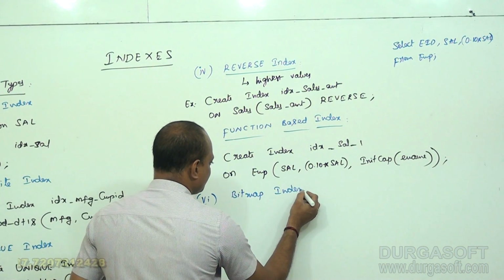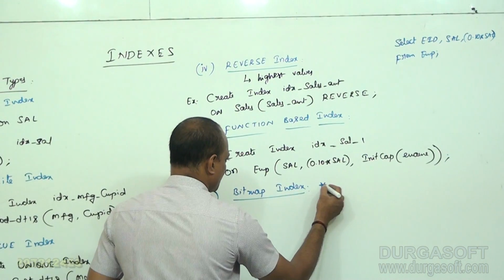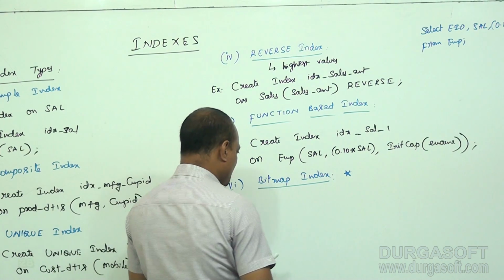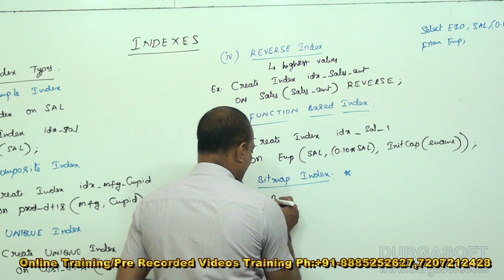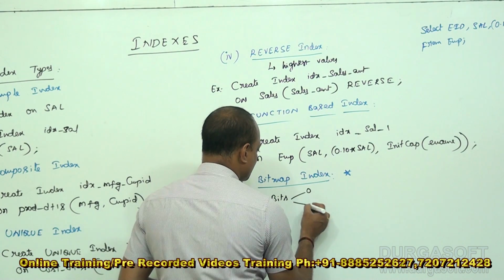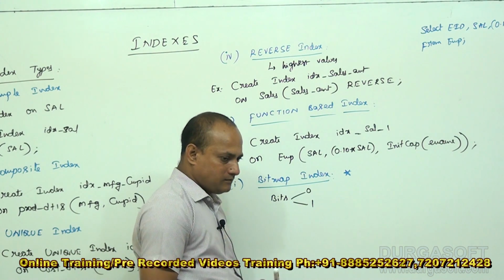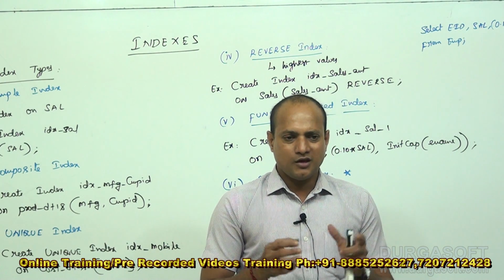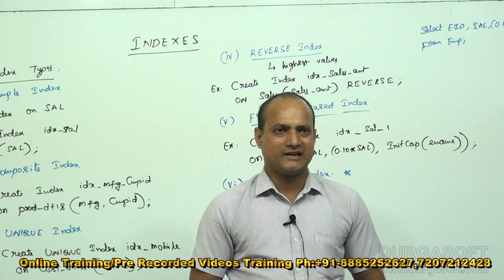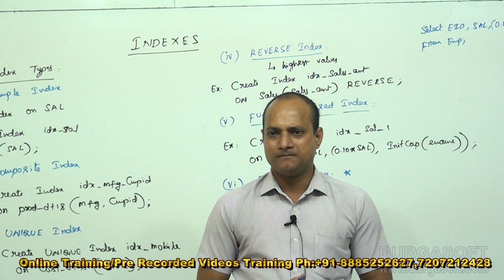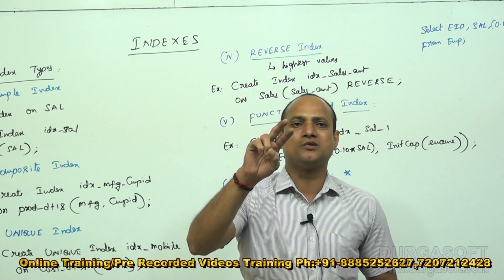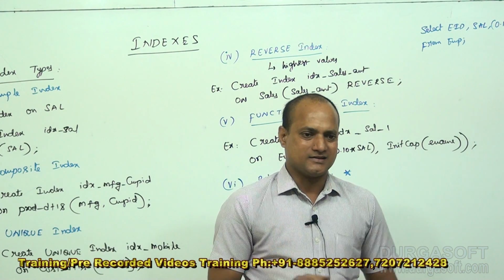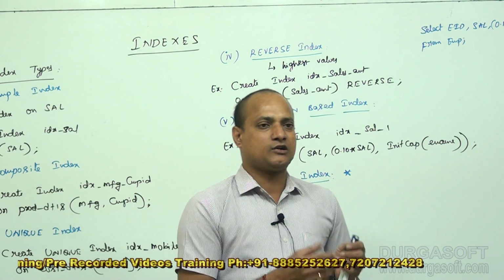Now the next type of index is the most important index, bitmap index. What is a bitmap index? Most important. Bits. What are the bits we know? Generally bits are 0, 1. What is meant by bitmap index? You have a table. One column is there. 10,000 records are there. But within the column you are having only two different values for each record. See, customer details. In the customer details, a gender column is there.